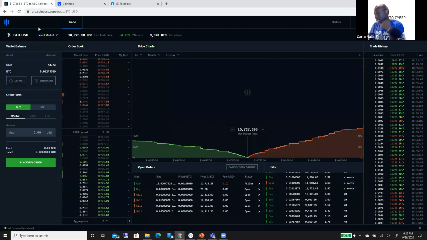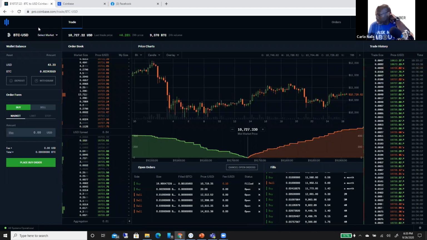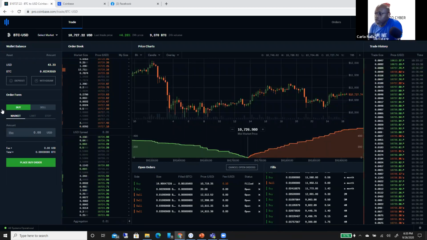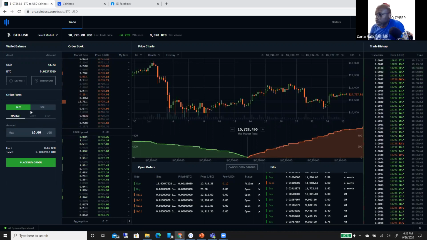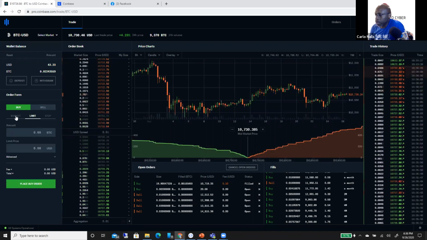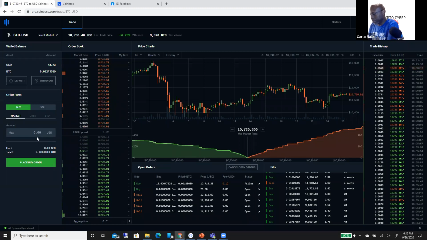So as you can see in the market, as the definition explained, when you do a market order, I'm going to do a buy here. I've got about $40-something here that I can spend on Bitcoin. So I'm going to put in $10 here for this market order. So you see it's on market. This is limit over here, but I want a market order. Now, you can see the fee.